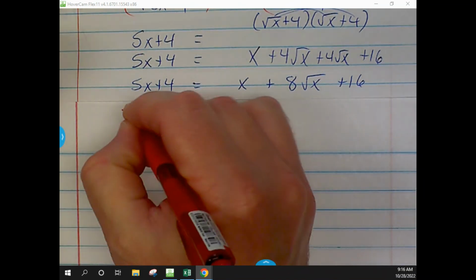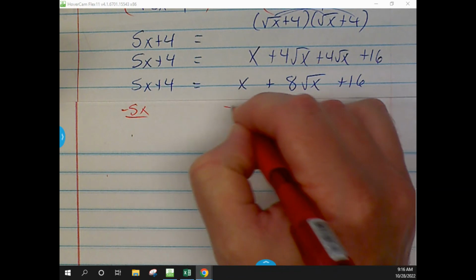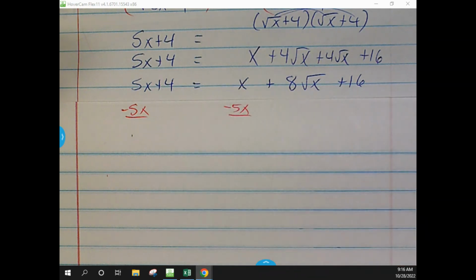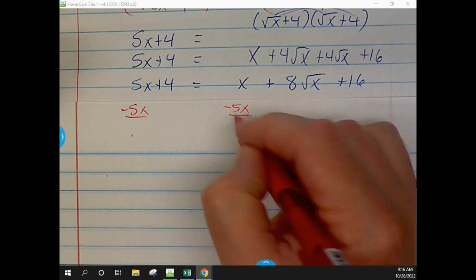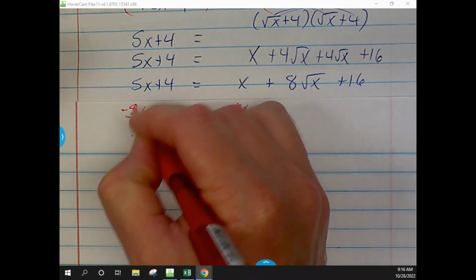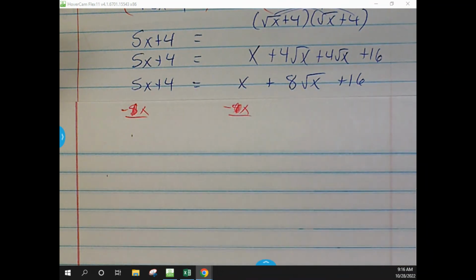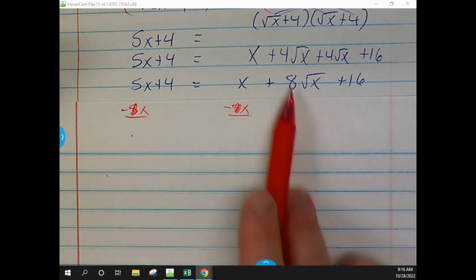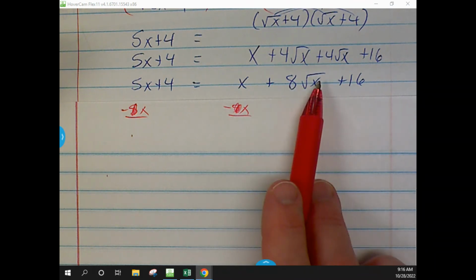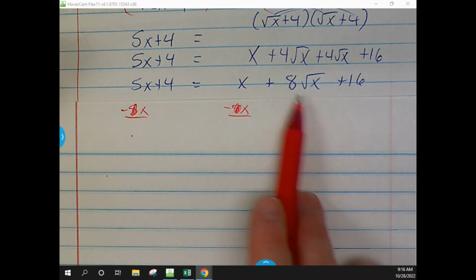Okay, so let's move the 5x over here. And actually, let's do this. Oh, wait, no, let's do this, actually. Let's subtract just the x in this case. Because now here we are, kind of back to what we were doing before. You've got this radical that's here. The only way to get rid of this radical is we're going to have to square both sides. So let's get this radical by itself.